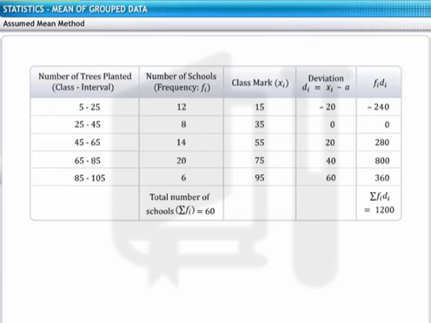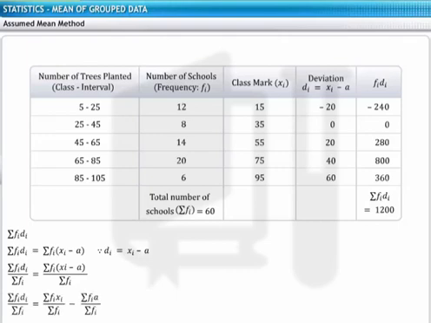For this, we will have to derive a formula. Let's consider the summation fi di. Since di is equal to xi minus a, we can substitute this in the above equation. Next, we'll divide both sides of the equation by summation fi. The right side of the equation can be expressed as follows.